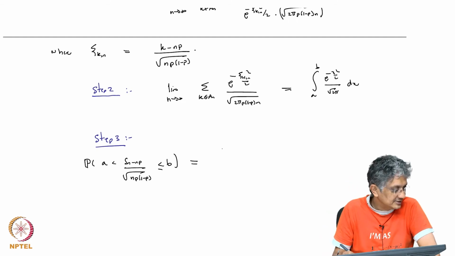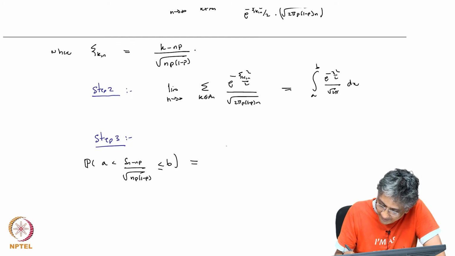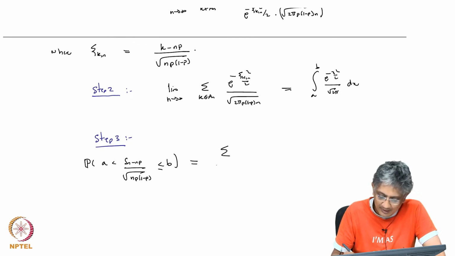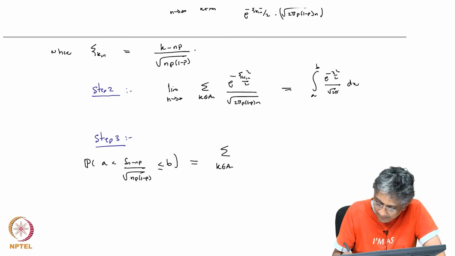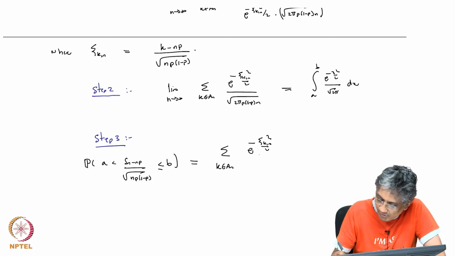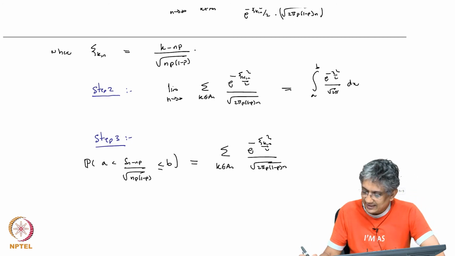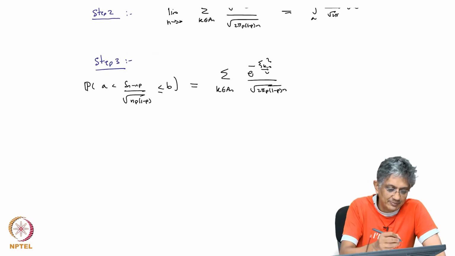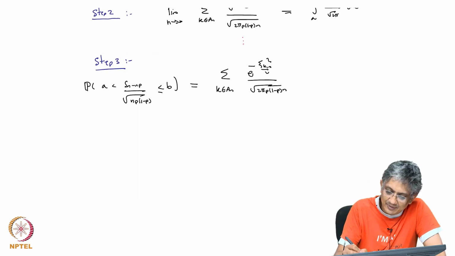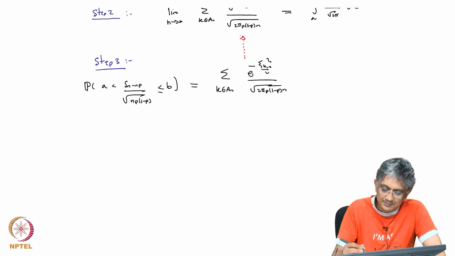So you first write it as the sum over k in A_n of e to the minus xi_k,n squared by 2 by root 2 pi p times (1 minus p) times n. So this is exactly the term that matches your step 2, right? So this part is going to go to your integral.